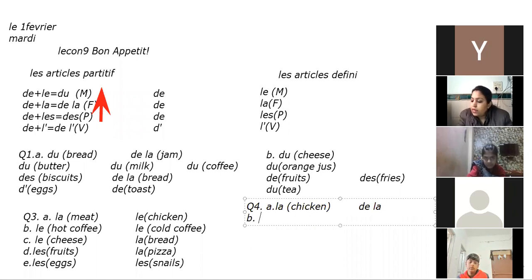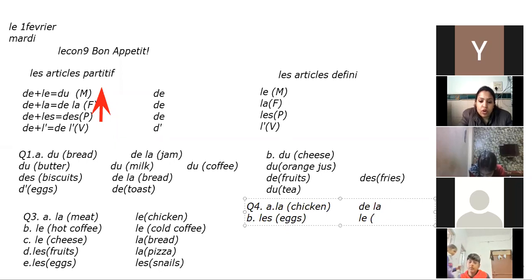B part says, tu ne prefer dash oeufs, no, je préfère dash poulet. Now again, tu ne préfères les oeufs, you don't prefer eggs, les oeufs. And in the second one also, je préfère le poulet. Again, it is your definite article only.